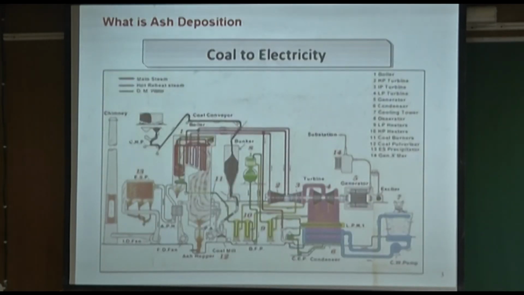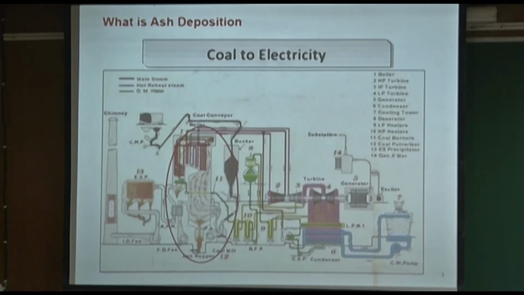Again, this is the diagram that we showed before, and everything that happens here is related to this part of the topic, ash deposition, because as I said, coal converts to char, then that converts to ash here, and then starts the phenomenon or the problems of deposition.